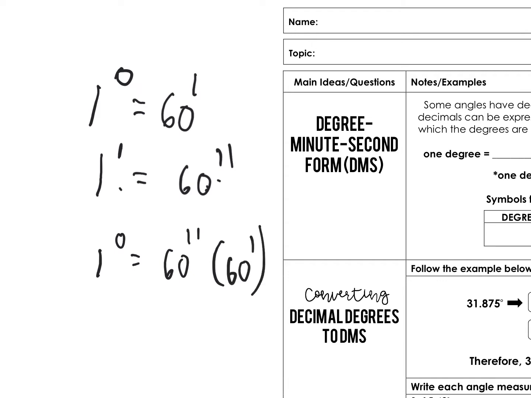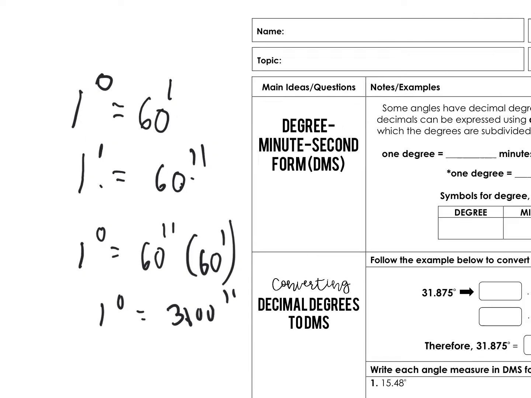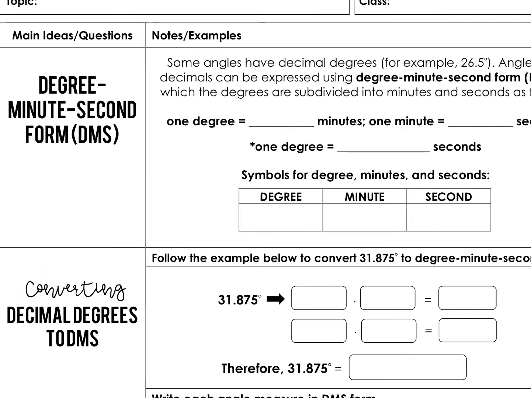So what we can say is 60 seconds are in a minute, and there's 60 minutes in a degree. So 1 degree is actually going to be 3,600 seconds, if that's ever come up.